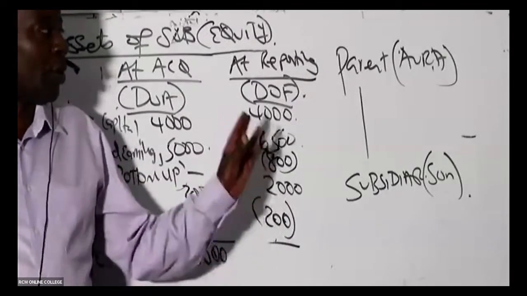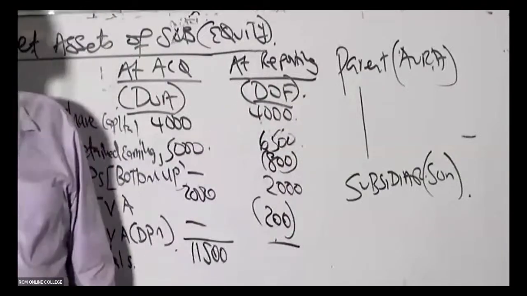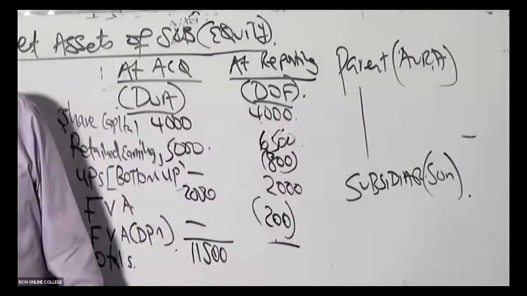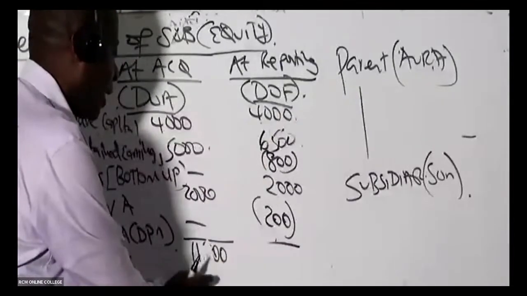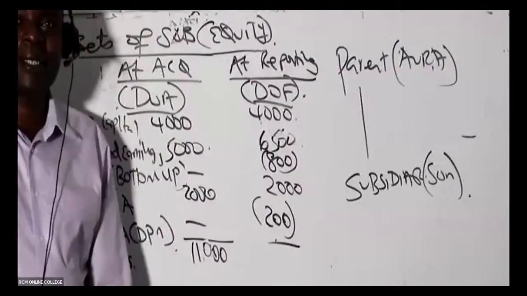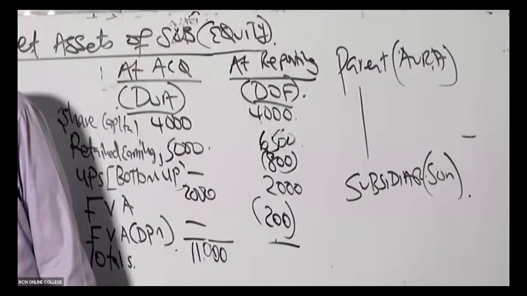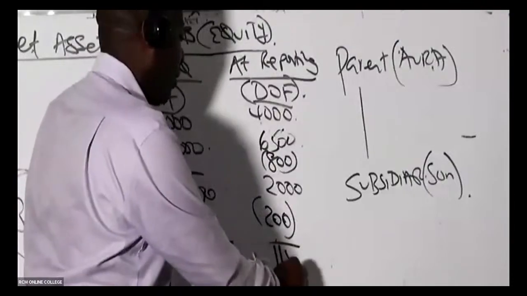Here now we are looking at the whole subsidiary. So what do we have here at reporting? DOA is 11,000. How about DOF? DOF is 11,500. Thank you so much.